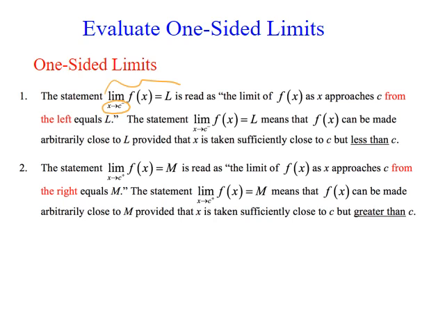If we see that, that means the limit as we approach C from the left. So the minus sign is approaching the x value from the left. On the other hand, if we look at this, now my little exponent looks like a plus sign. That means approaching C from the right.